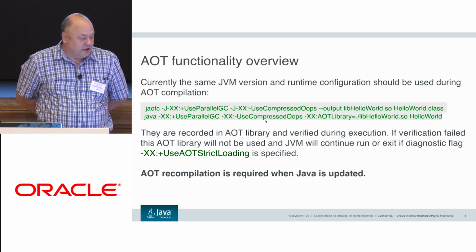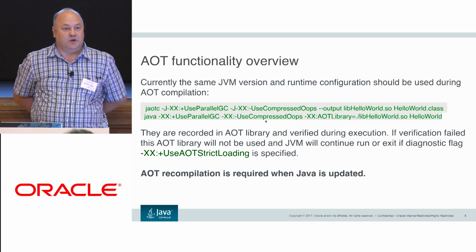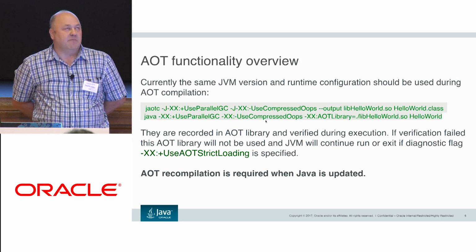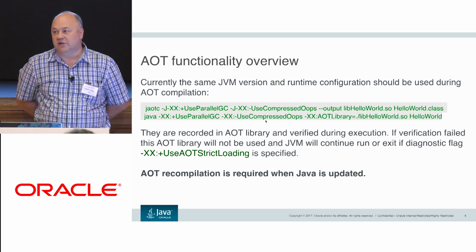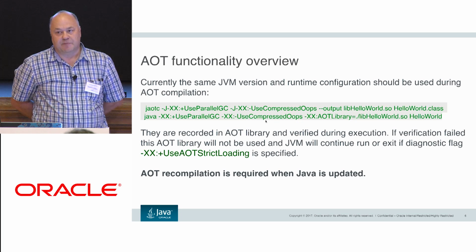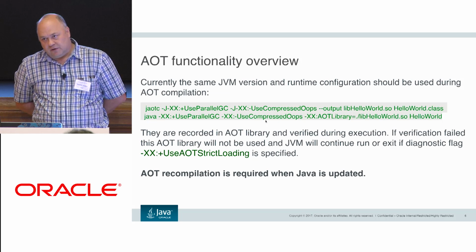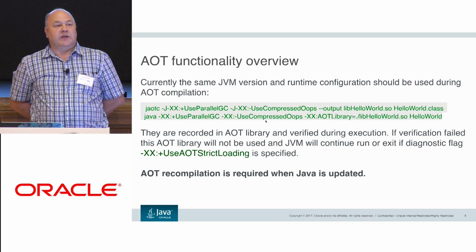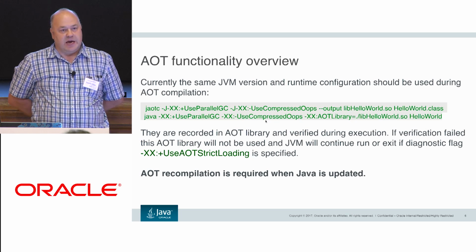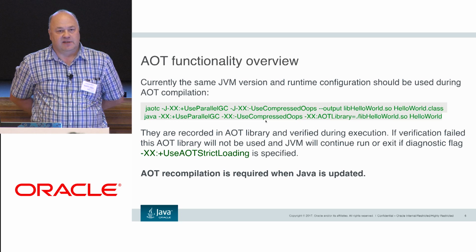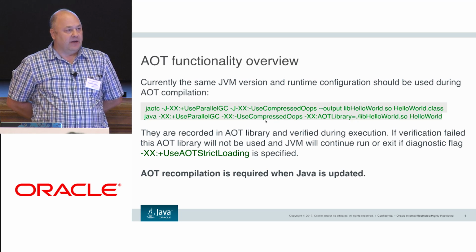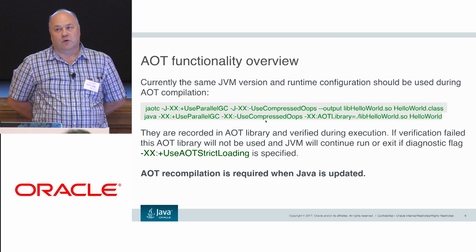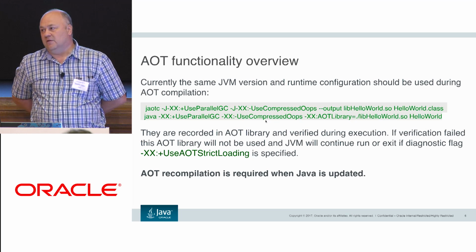Currently, there is a limitation on how AOT code should be used. The same VM runtime configuration and hardware configuration should be used during AOT compilation and execution. This is because when you do AOT compilation, you're running the JVM and using the runtime for the particular system you're running on, to use instructions available on this machine, and also code specific to, for example, the GC in use.